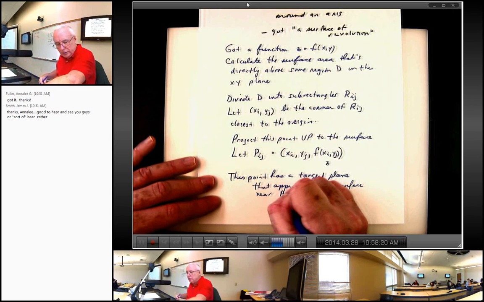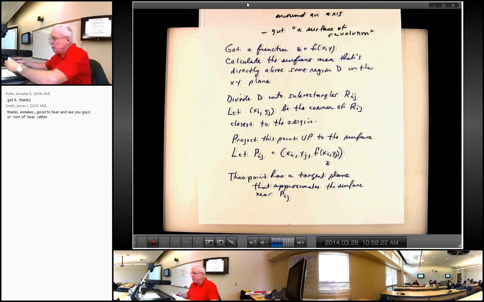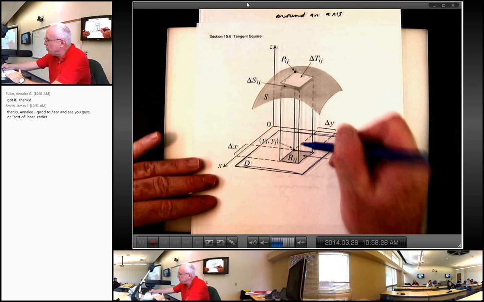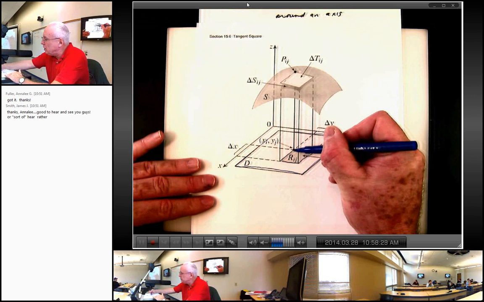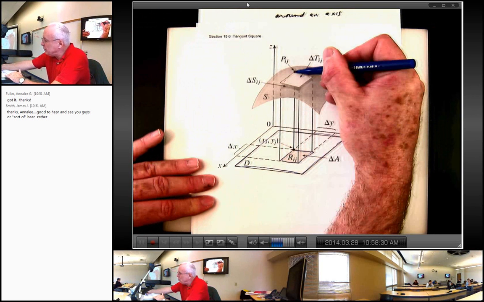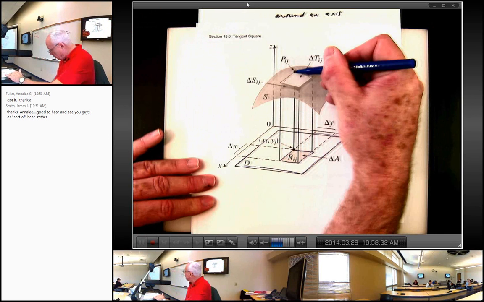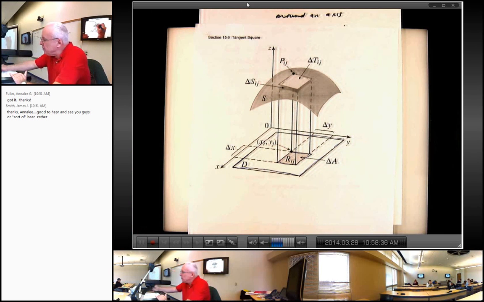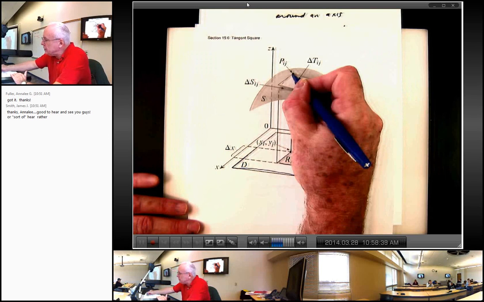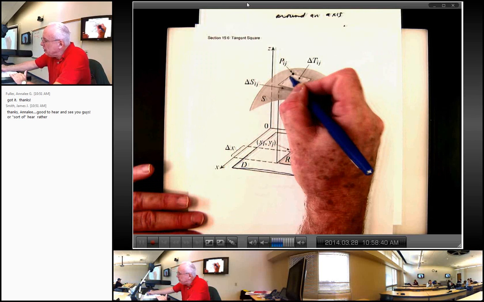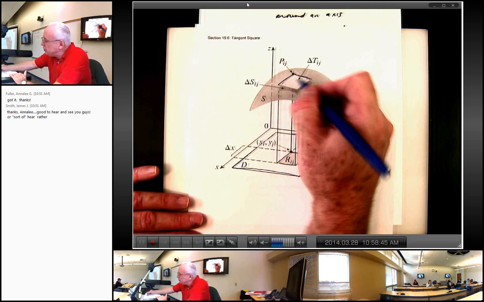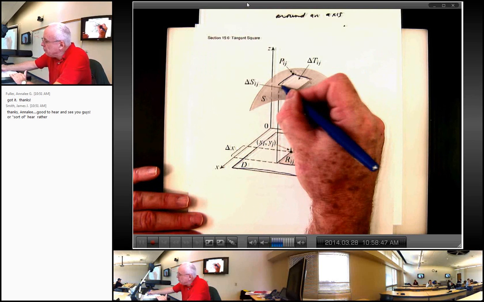So here, let's look at this thing here. Okay, back to this. We projected our point near 0, 0 upward. We got then a point that's on our surface that we're calling Pij. And this point has a tangent plane that goes, of course, infinitely in both directions, out from that point.